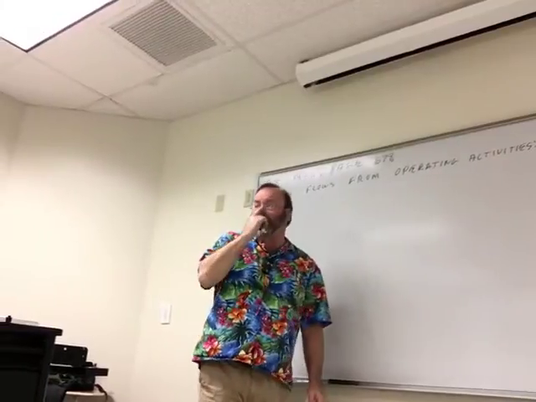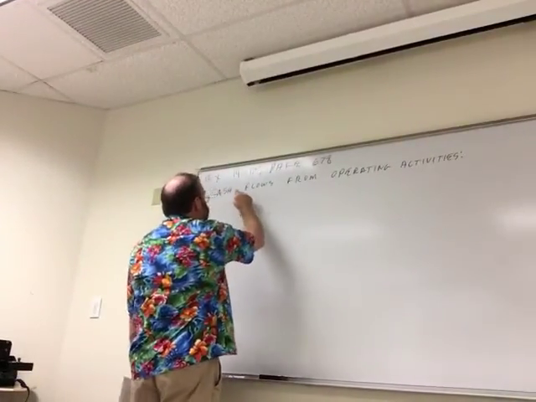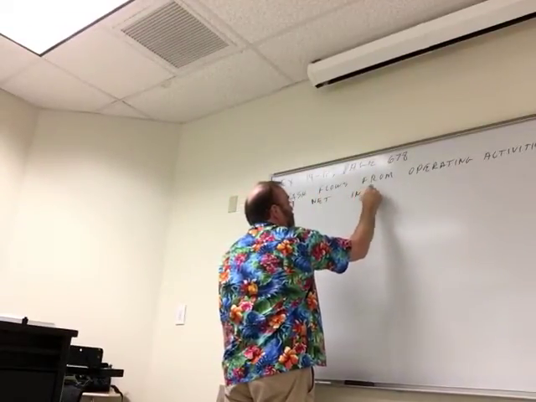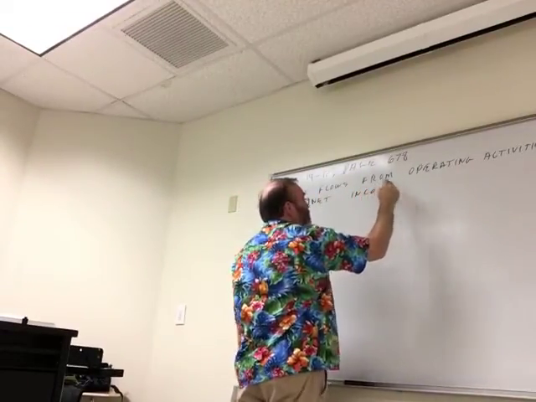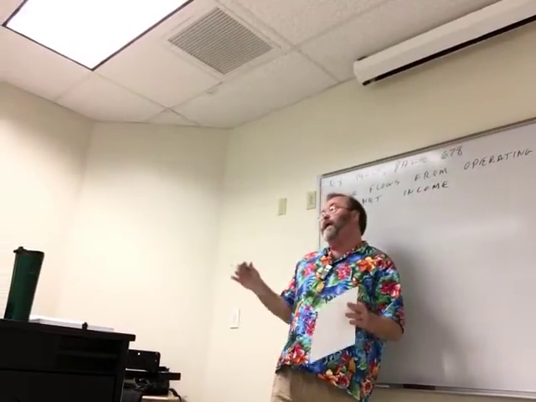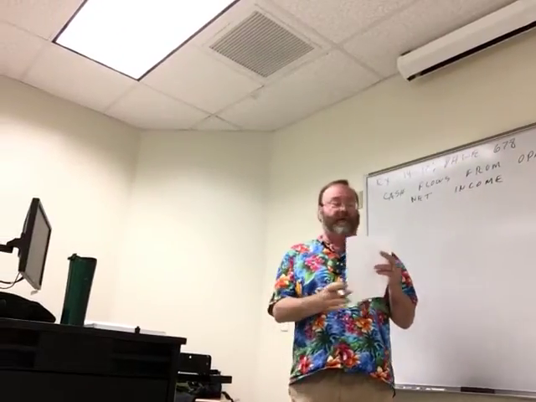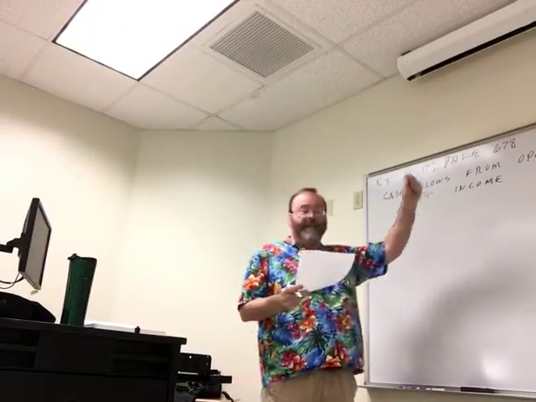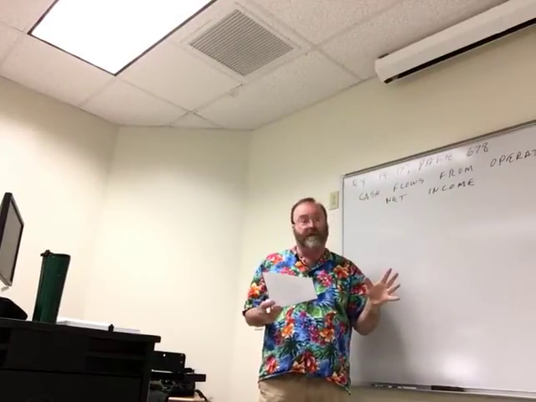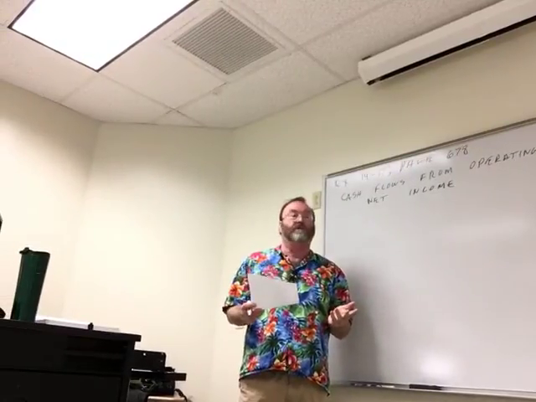Under the indirect method, this section begins with net income. I'll just stop there and say the indirect method begins with net income and is then going to make a series of adjustments to reconcile net income to cash flows. All right?